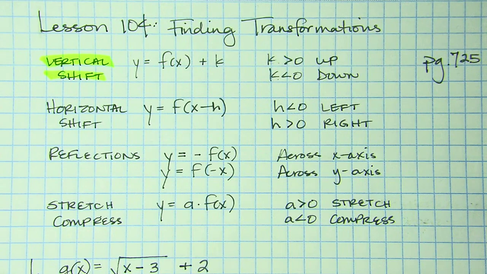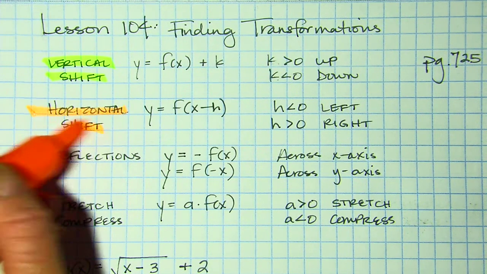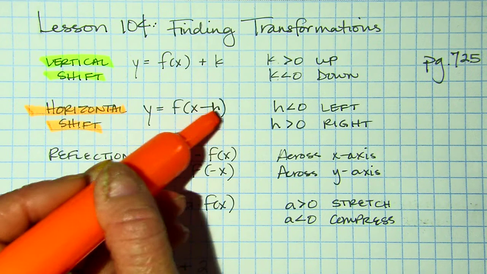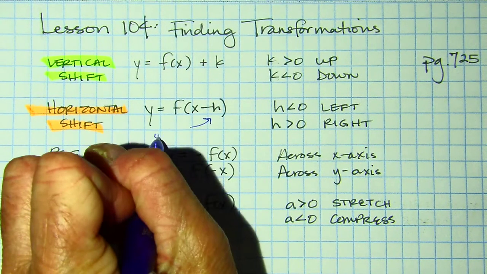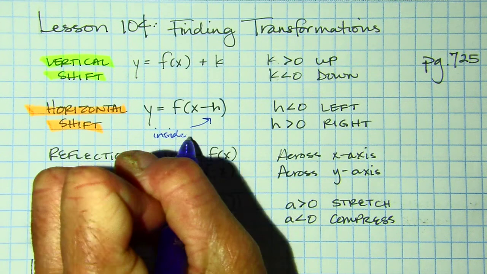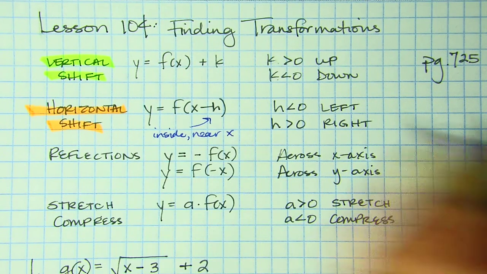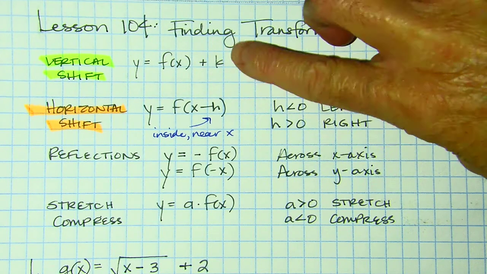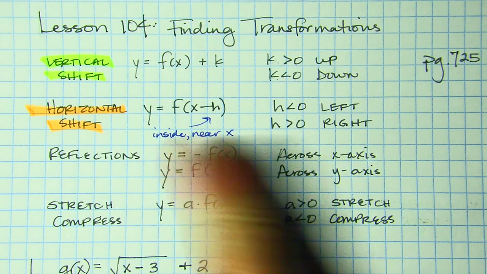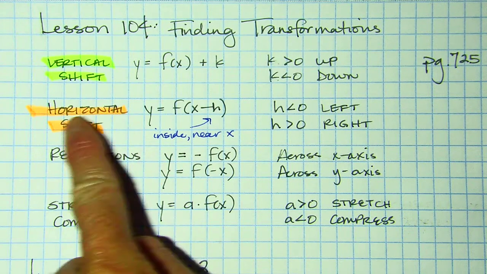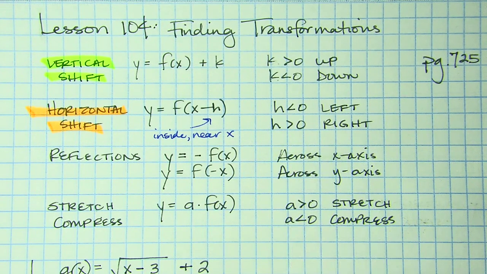The next type of transformation is horizontal. So notice the difference. Your h is inside, near x. And that's how I tell the difference between a vertical shift and a horizontal. If it is near the x, it's affecting your x, which runs left to right. If h is less than 0, now I want you to picture this.